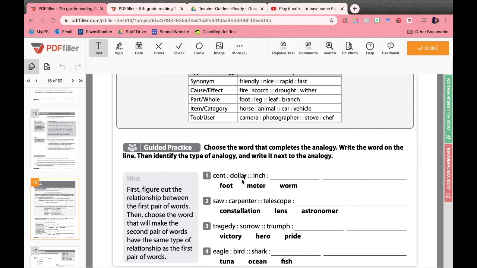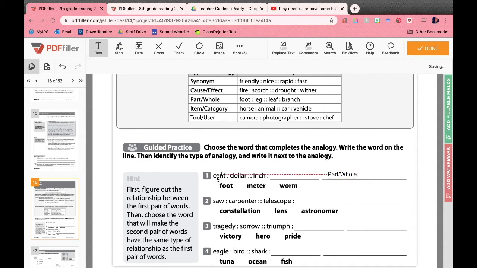Well, it's a small piece of a dollar, right? It's like 1/100th of a dollar. So if we look up here, which one talks about something being a small segment of something compared to the whole segment of it? Part to whole, right? So we know already that this is going to be a part to whole analogy.